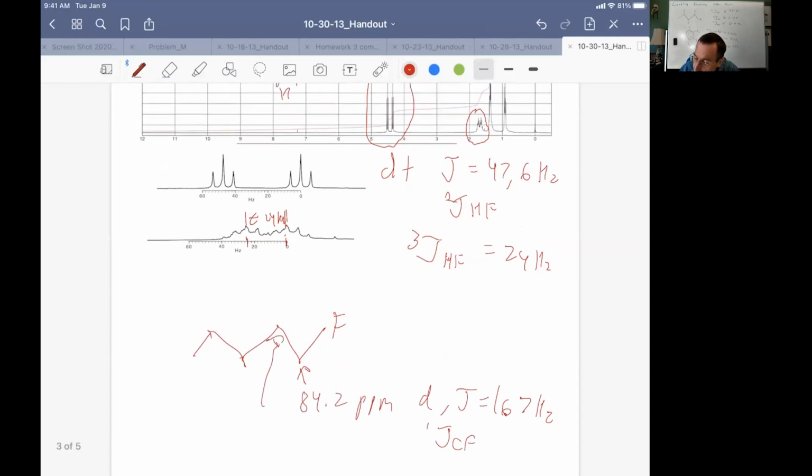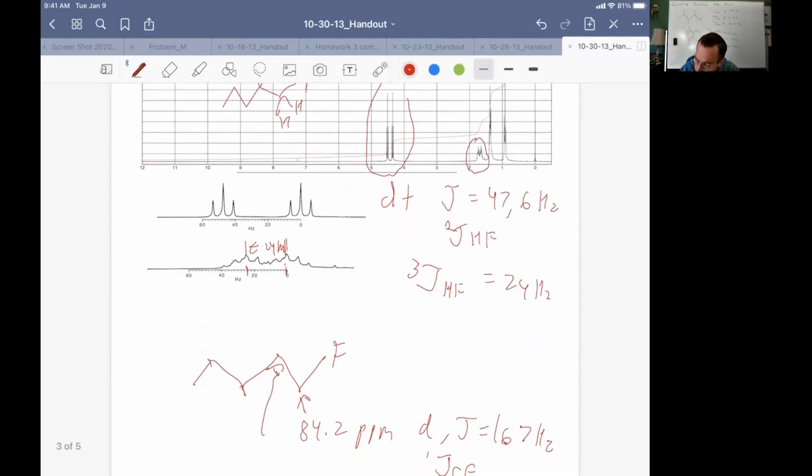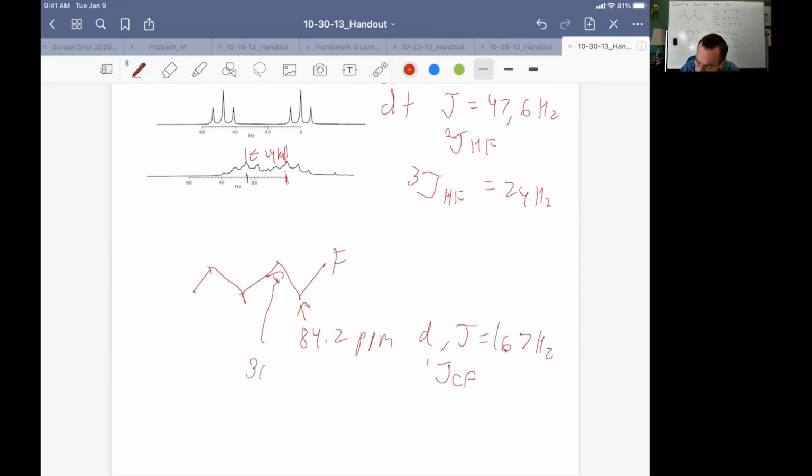And this peak here at about 30.2 ppm is a doublet with a J2 of 19 hertz.